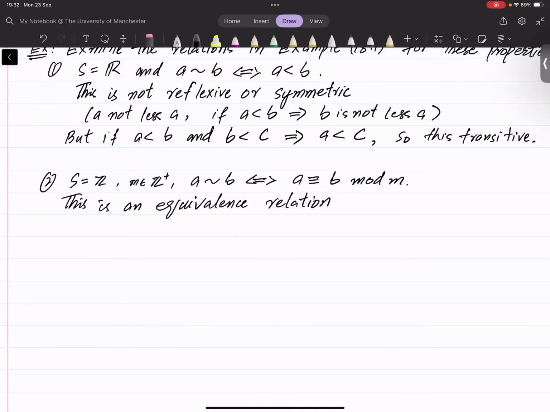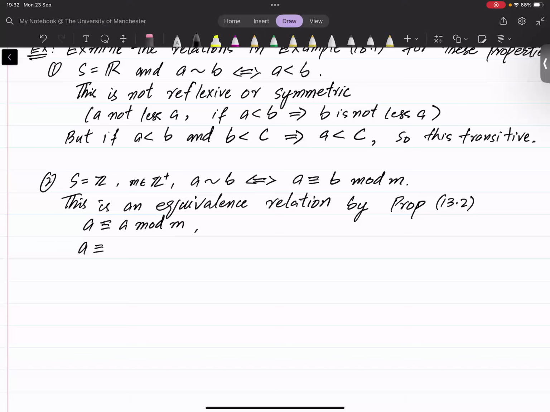An equivalence relation by proposition 13.2, which says that A is congruent to A mod M, reflexive.